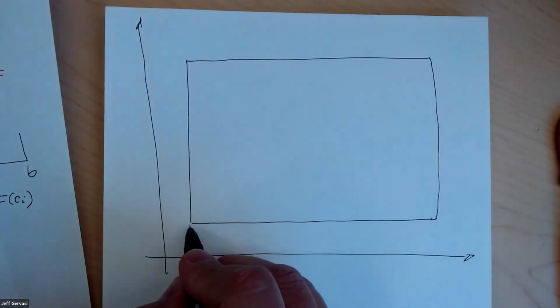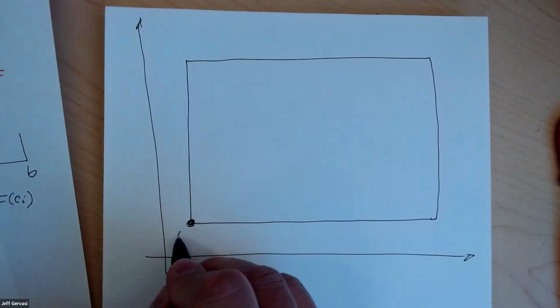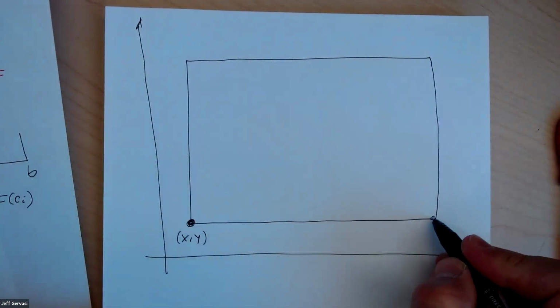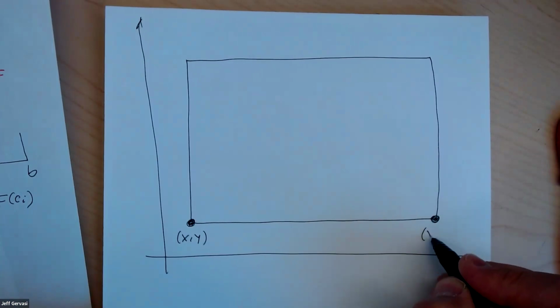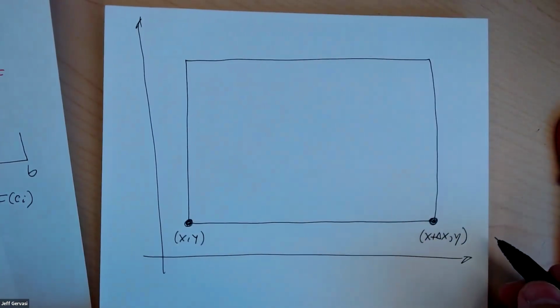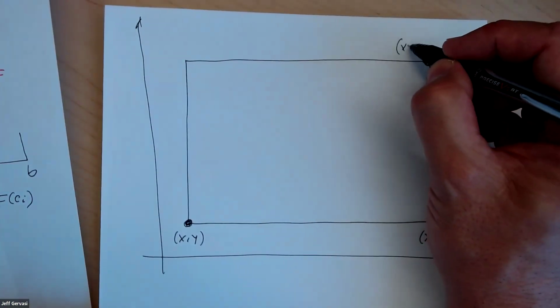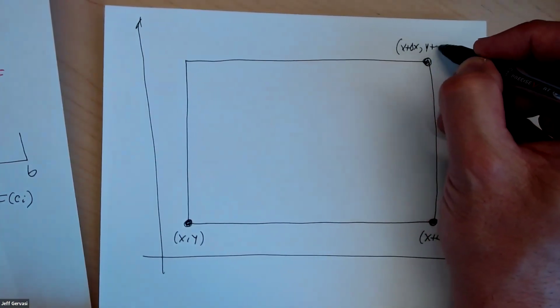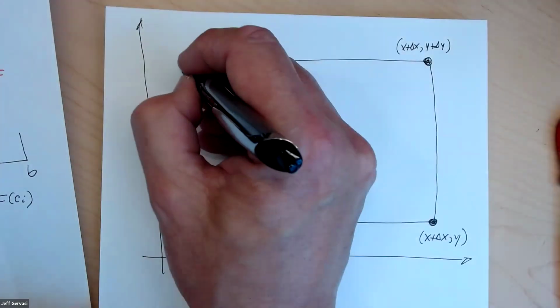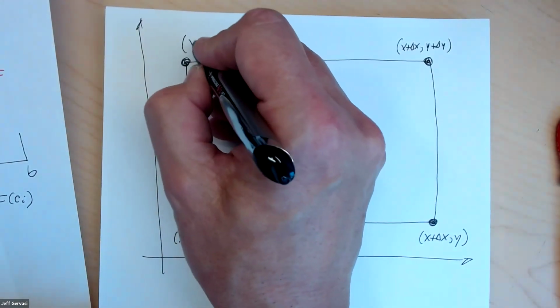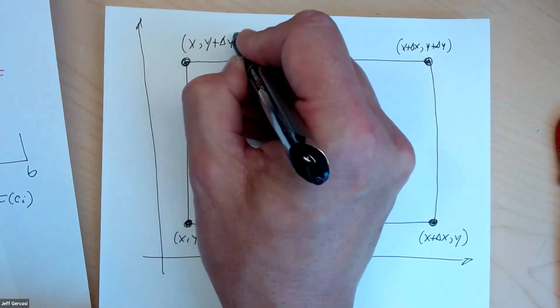I'm going to label this corner right here, X, Y. This corner, I'll label it as X plus delta X, Y. This corner up here, we'll call X plus delta X, Y plus delta Y. Of course, this one over here, we'll call X, Y plus delta Y.